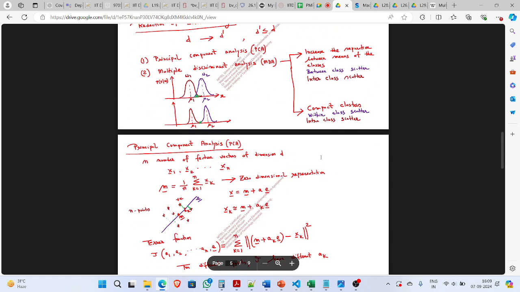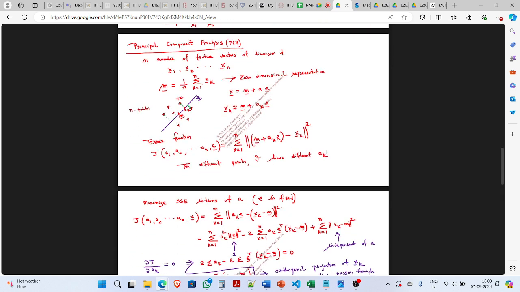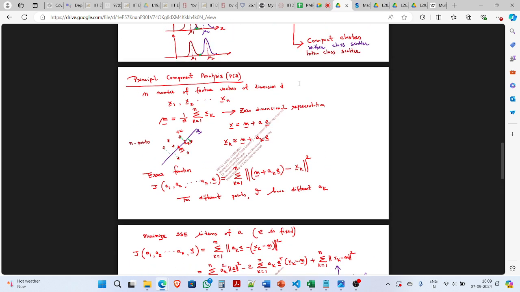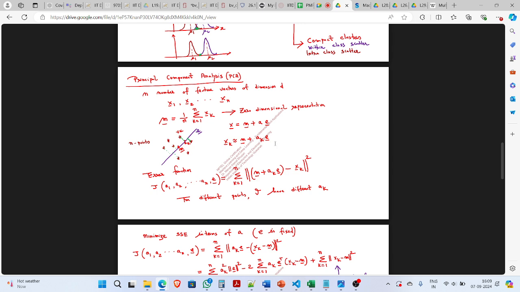So there are two types: principal component analysis and LDA. First of all, going towards principal components. So there is this.